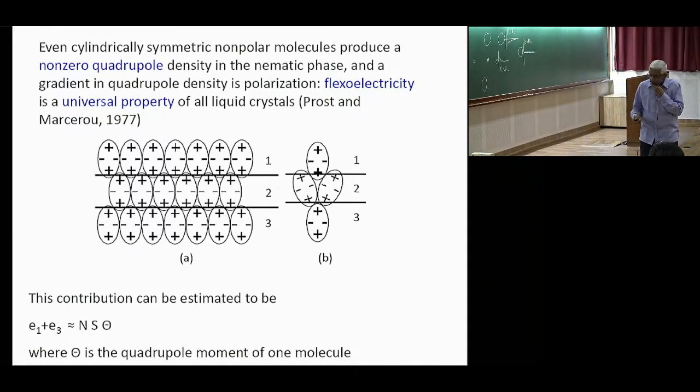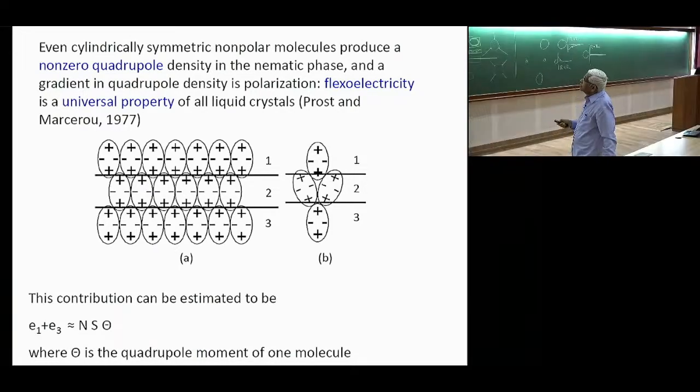This I have taken directly from that paper, this picture. So it looks like this. This is a quadrupole moment. And it has no fancy shape, right? And it has no dipole moment.